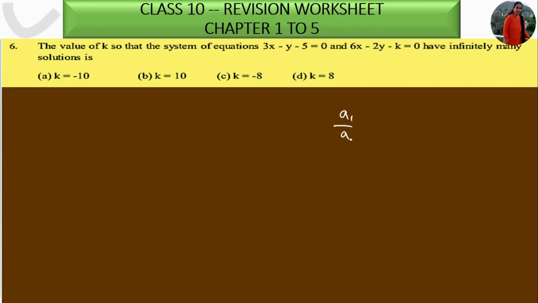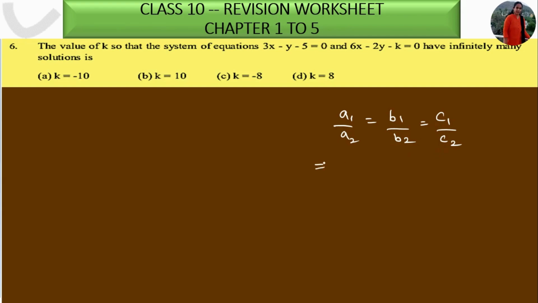A1 by A2 equal to B1 by B2 equal to C1 by C2. So here A1, B1 are coefficients of x, y in the first equation, and A2 and B2 are coefficients of x and y in the second equation. C1 is the constant for the first equation and C2 is the constant for the second equation.